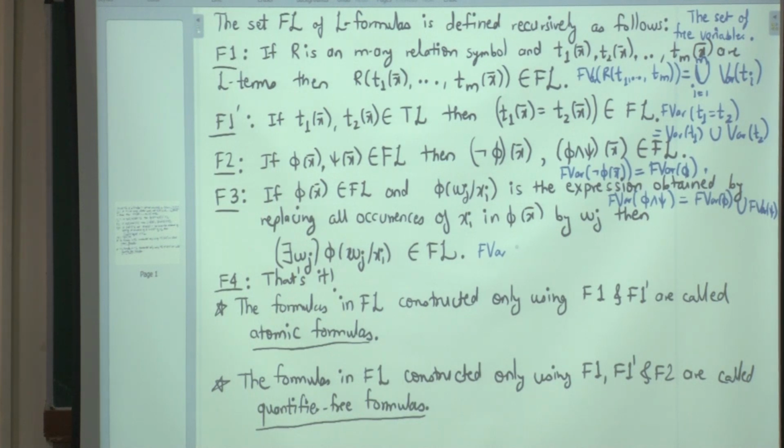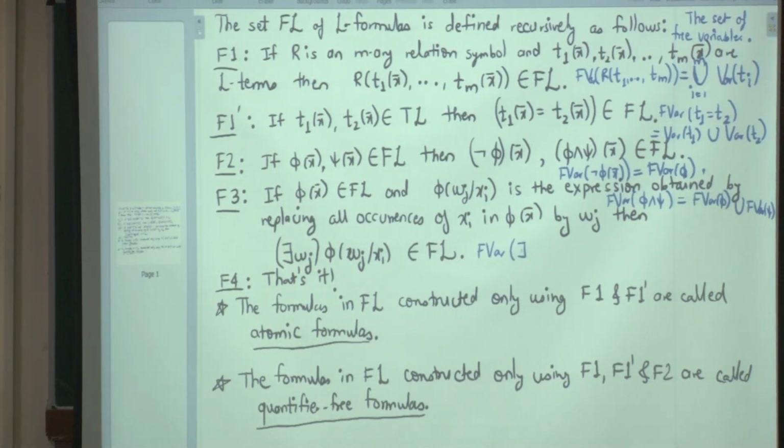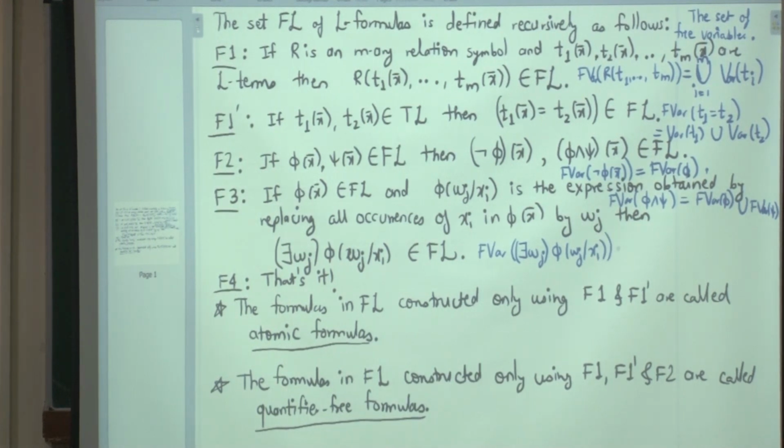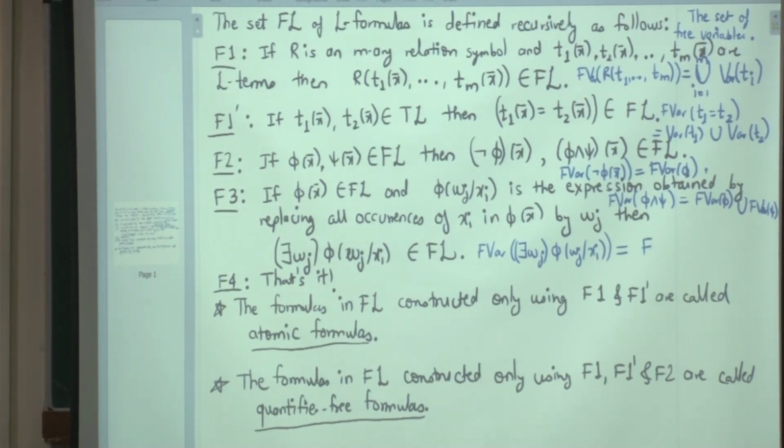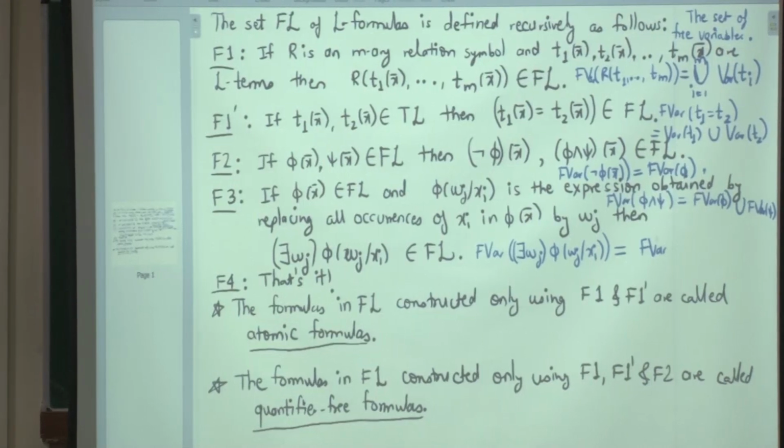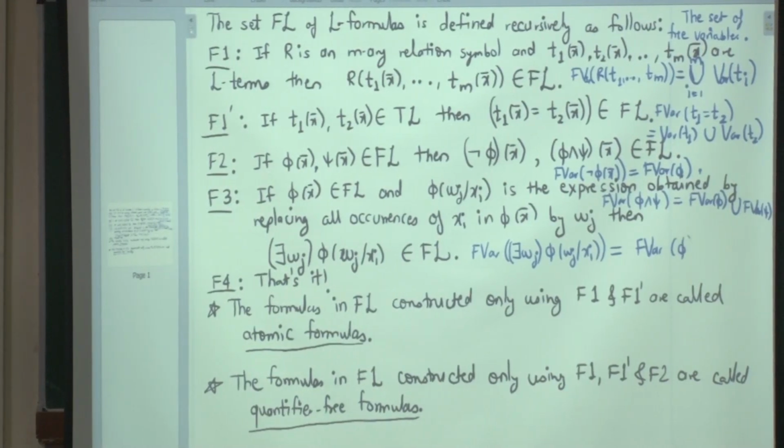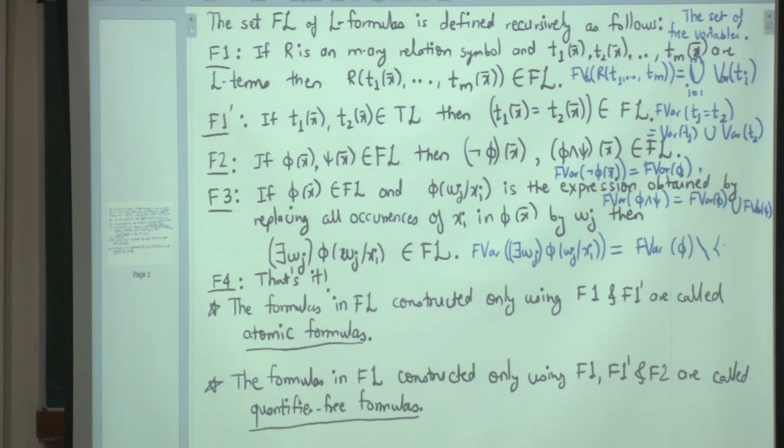The set of free variables in there exists wj, phi with wj replacing xi, is the set of free variables in phi with xi removed. If xi occurs, then we remove it. If it doesn't occur, then we keep it as it is.